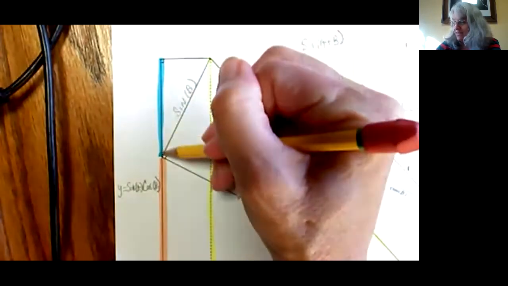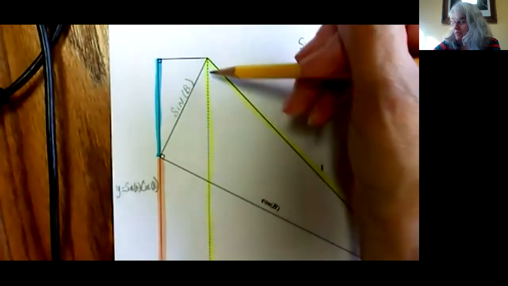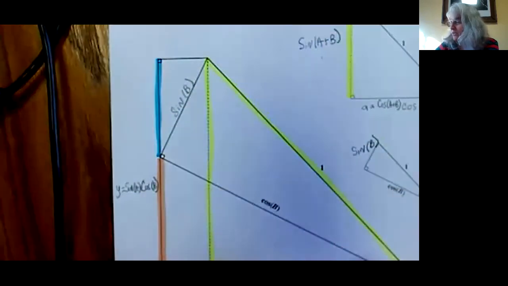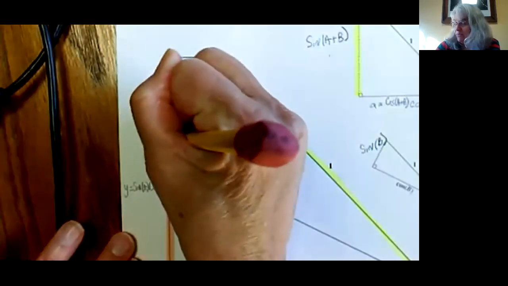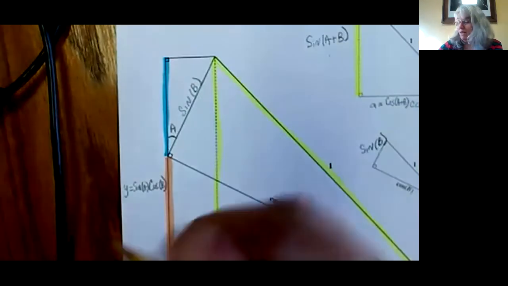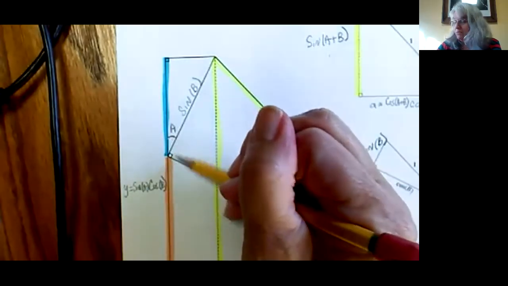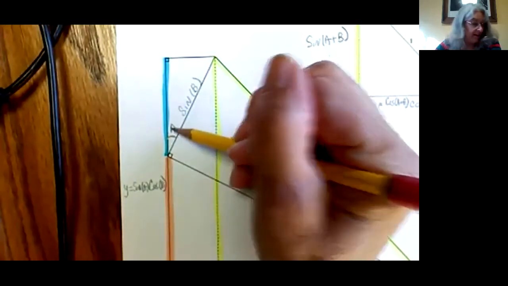If we find out this length, then we know that this whole length here is going to be the same as this whole length here, then we know what the sine of a plus b is. Okay, I'm going to go ahead and tell you this angle right here is the same as a. And I will leave it up to you to figure out why. If we know this is the same as angle A, then this is going to be the same as angle B.